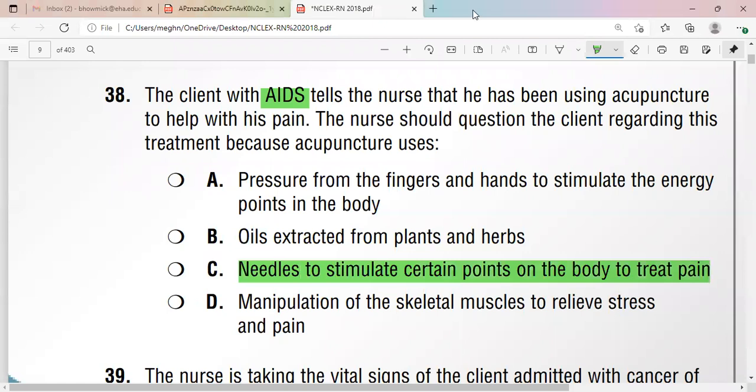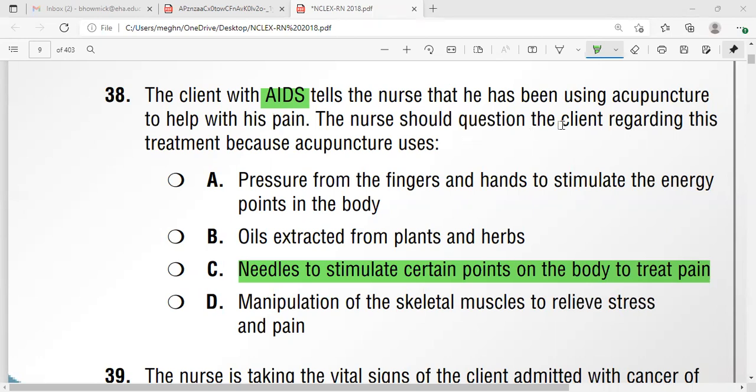So first of all, why is it the answer? Needles to stimulate. Acupuncture uses needles, and because HIV is transmitted by blood and body fluids, the nurse should question this statement. So the client with HIV tells the nurse that he has been using acupuncture to help his pain.